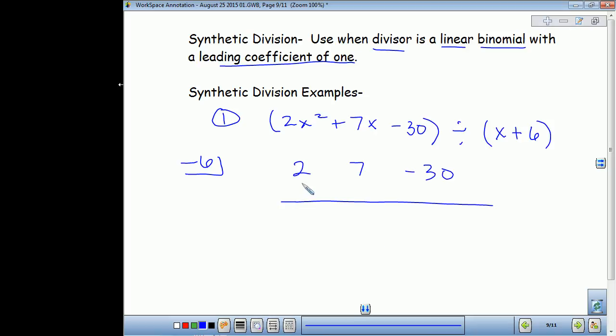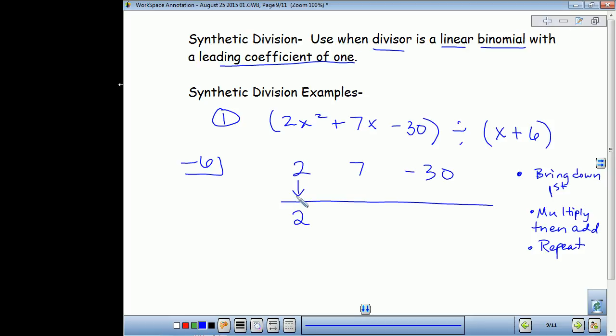All right. Now, every time you're going to bring down the first one. Every time. Bring down the first one. Okay? And then the next thing you're going to do is multiply, then add, and repeat.